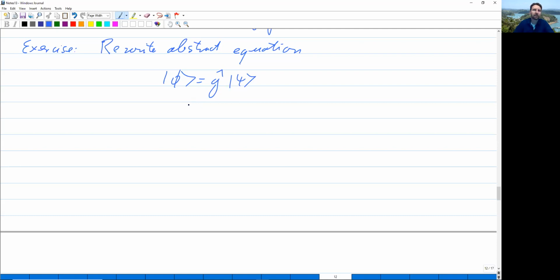We might encounter an equation like this at some point. And the exercise consists of rewriting that abstract equation in the f hat eigenbasis.